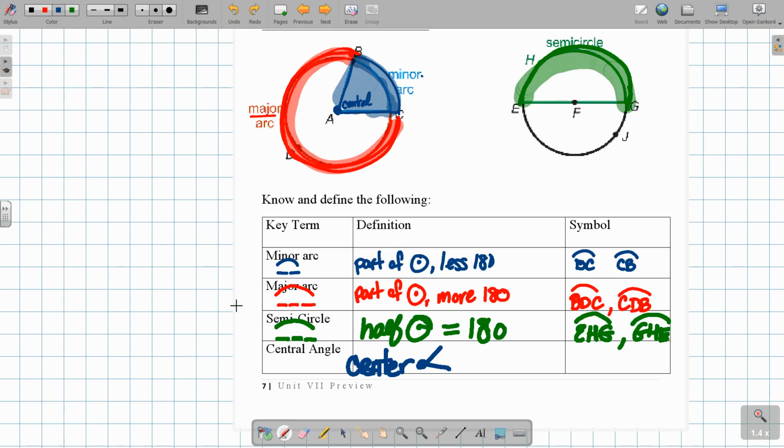And we simply name it as we normally do with the angle symbol. It's B, A, C, and we always put the center in the middle. That is a central angle. These are very important terms. We're going to be using them several times.